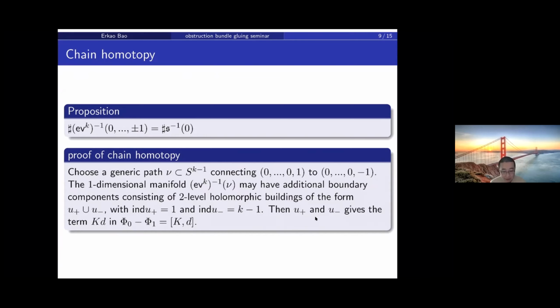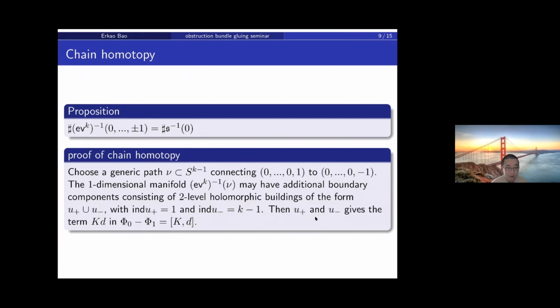And it may have additional boundary components, which consist of two-level holomorphic buildings of the form U plus and U minus, where U plus has index 1 and U minus has index k minus 1. So this is all the curves here, they are in the symplectization. So then the U plus is like the differential D, and the U minus contributes to the chain homotopy K. So these two terms give KD in this formula.